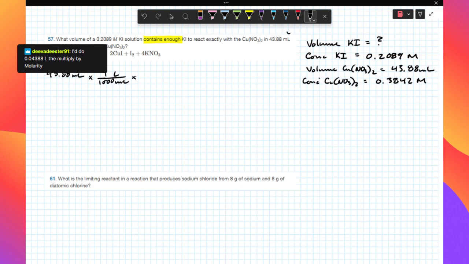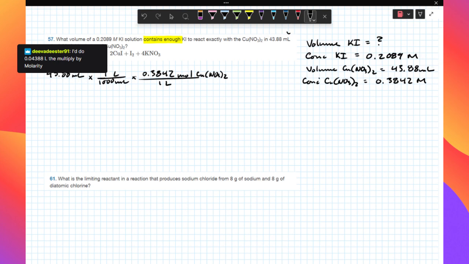And we know that we're given a concentration, there it is, 0.3842 moles per 1 liter. Okay, that is going to get us to our moles of copper nitrate.